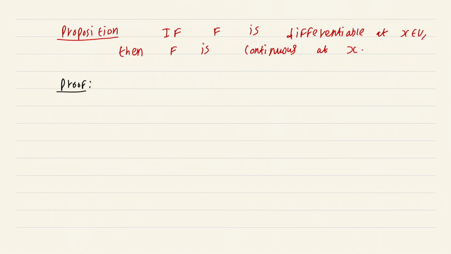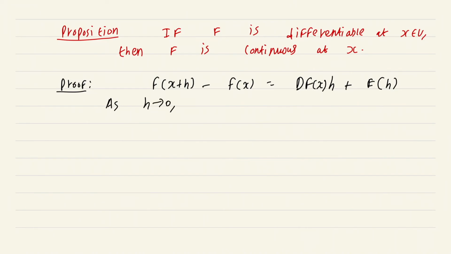Well, we know that f of x plus h minus f of x is equal to dfx h plus e of h. Now as h goes to 0, the right hand side goes to 0. Well, the first term dfx h obviously goes to 0.